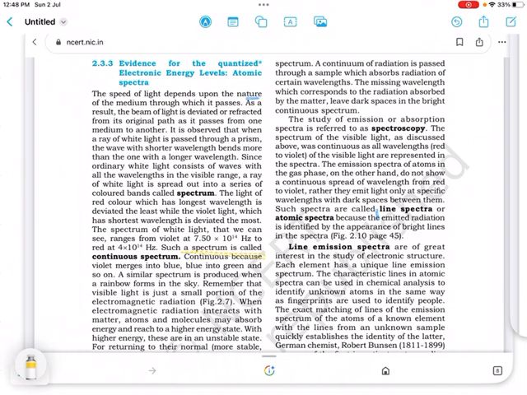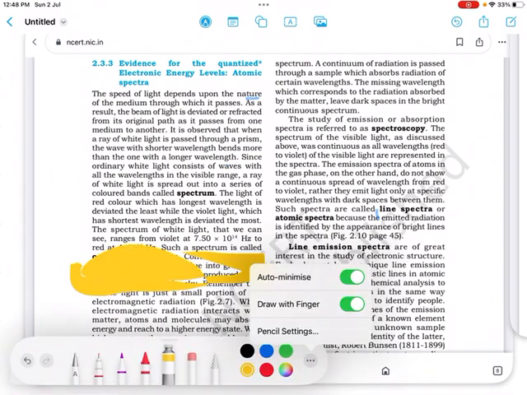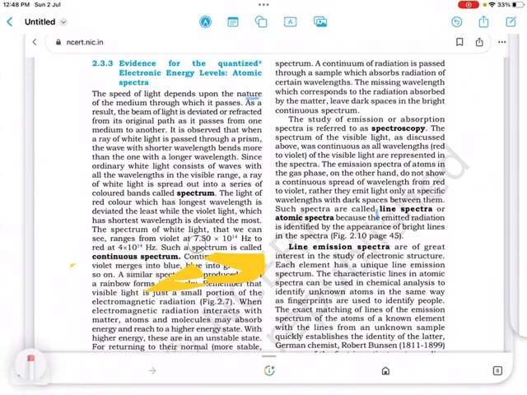Because the violet merges into blue, and blue merges into green, and green merges into the next color, and so on. A similar spectrum is produced in the rainbow in the sky. This is called a spectrum.